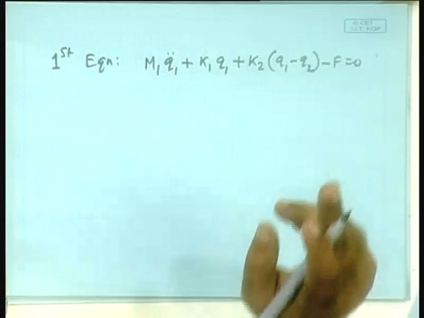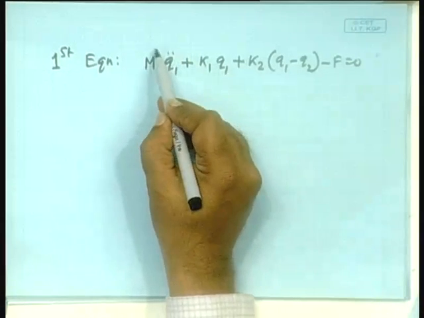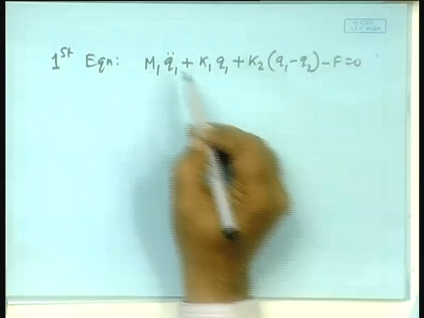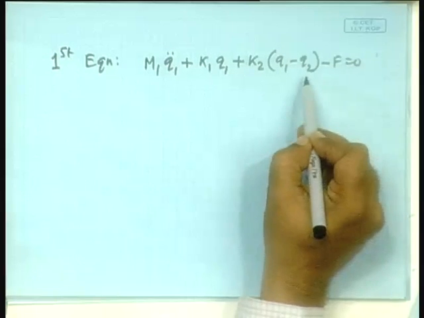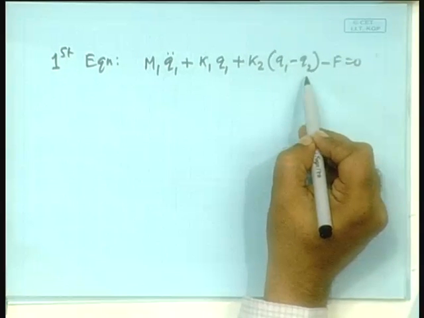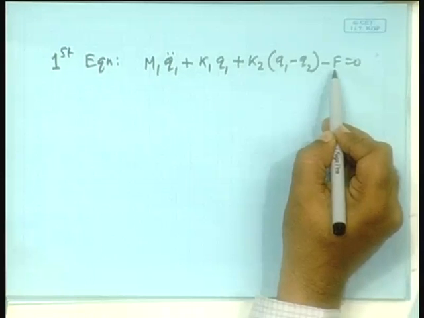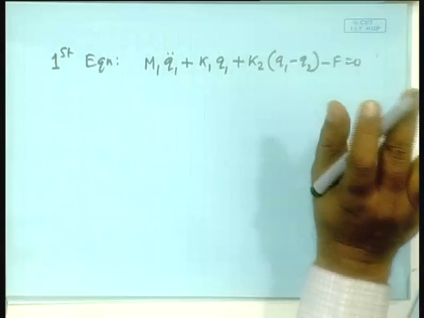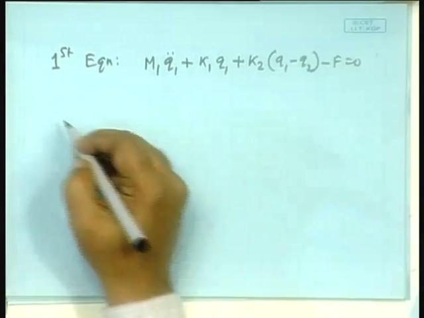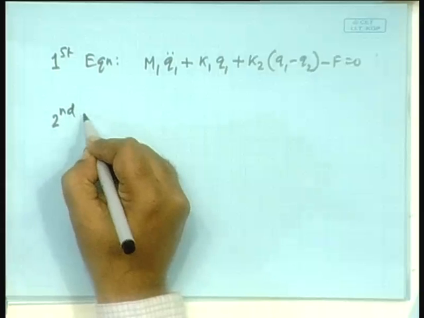See that the signs have been right, because this is mass into acceleration, this is the force applied on it by the springs, and this is the force applied externally. So, that is how the equation is written, which is right. The second equation remains exactly the same.